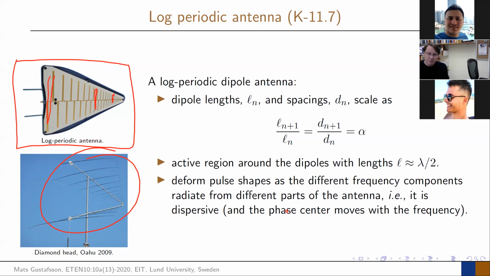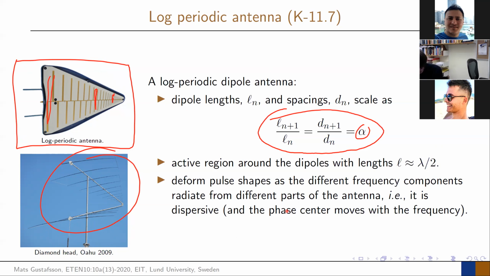It also has the properties of a scaling of angles in some ways. So there is a log periodic one. You have a specific dependence here of the distance and the length of these elements. In some ways you only have one parameter, alpha here, which is the quotient between the different spacings.